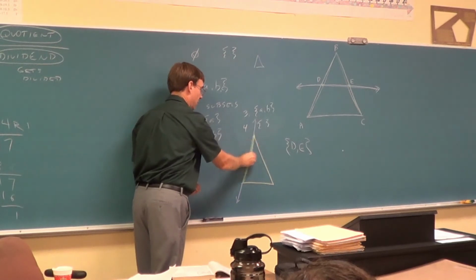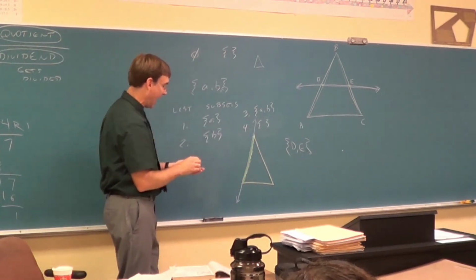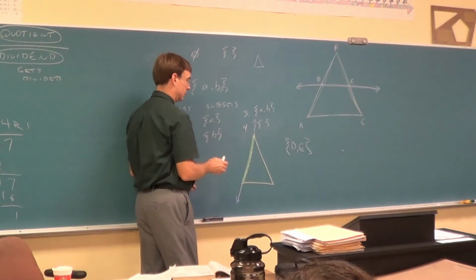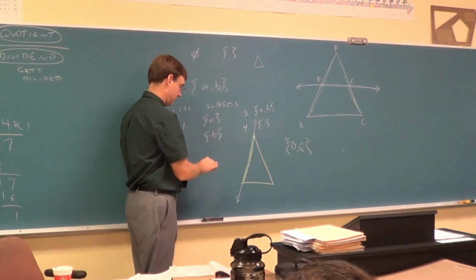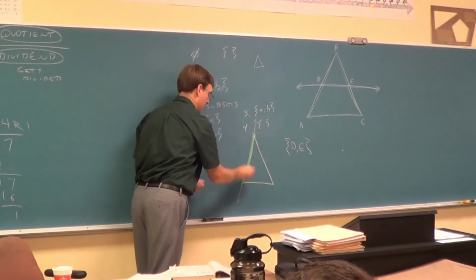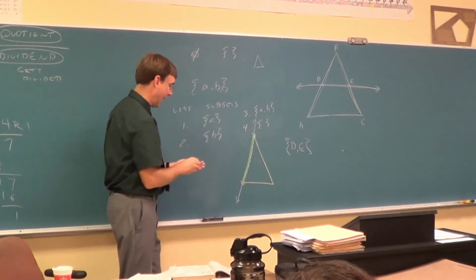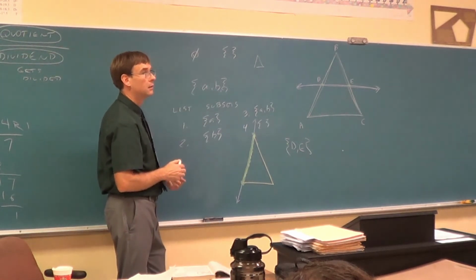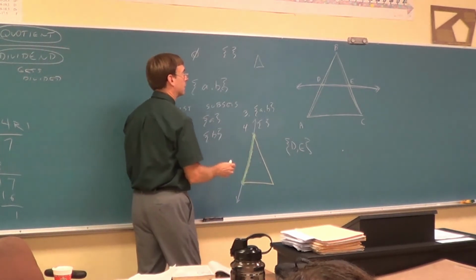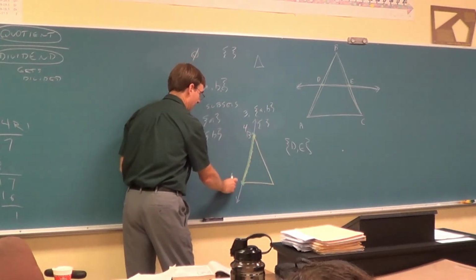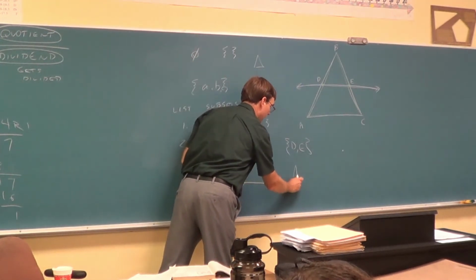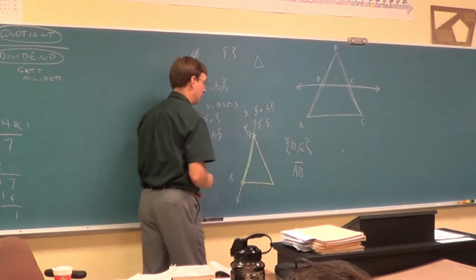What kind of geometry word is that green thing? What is that? From here to there with a beginning and an end. Line segment. That is a line segment. Okay, this was B, this was A, so this answer would be line segment AB.